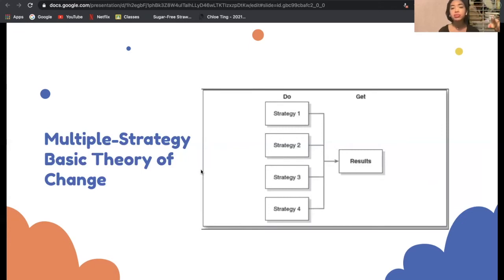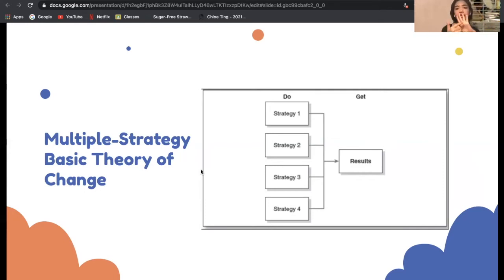When you want to do something and you want to get the said results, you have to have a lot of strategies. Maybe if you want to get good grades, the first strategy would be good time management. Then the second one is to have a good study plan, and maybe the third one is to delete all your social media so you don't get distracted.